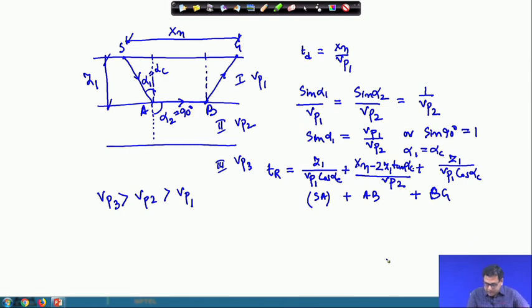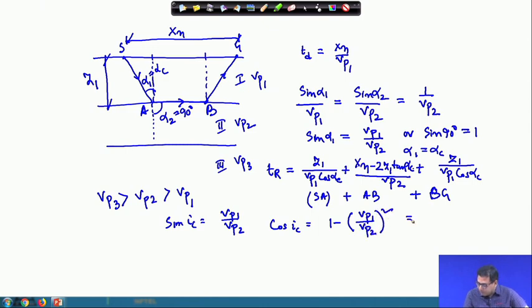So, as I know that sin α_c is V_p1 by V_p2. Similarly, cos α_c will be root over 1 minus (V_p1 by V_p2) whole square.